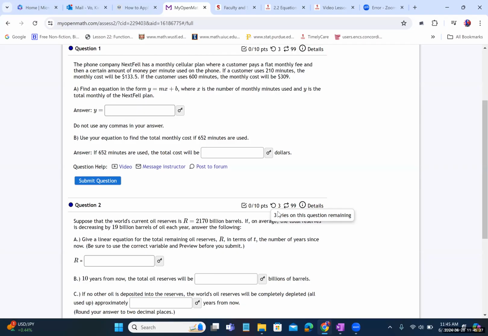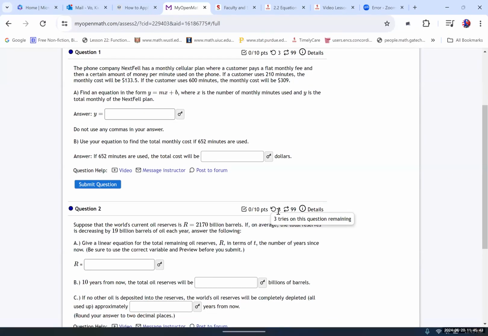Find the equation in the form y equal to mx plus b, where x is the number of monthly minutes used and y is the total monthly cost of the Nextfail plan. So we need to find this linear equation in the form y equal to mx plus b, where x represents the number of monthly minutes used, and y represents the total monthly cost for the plan.